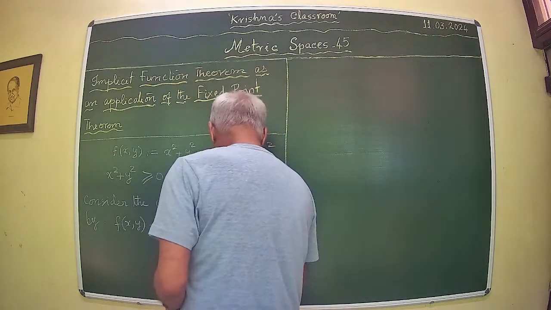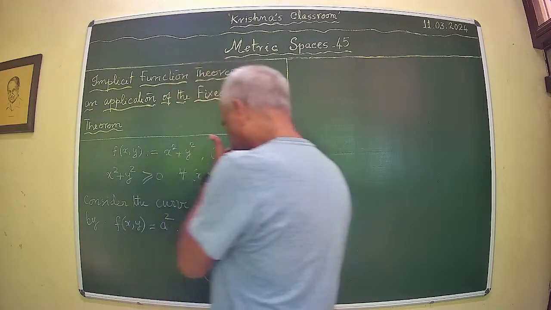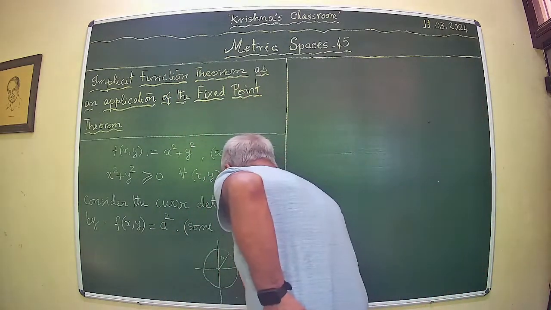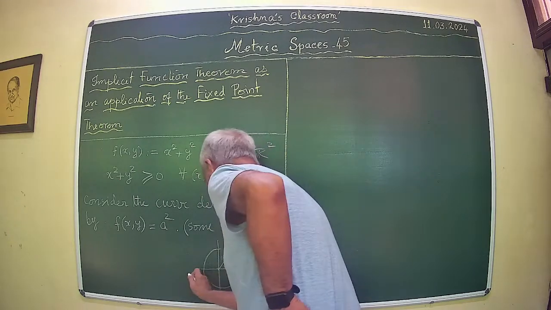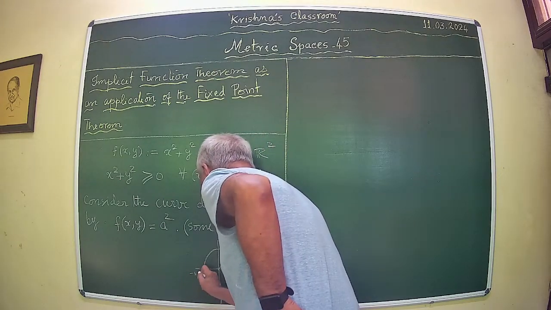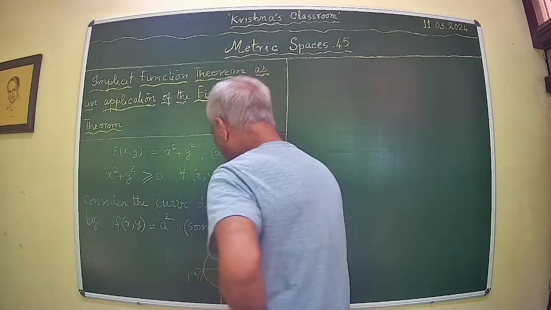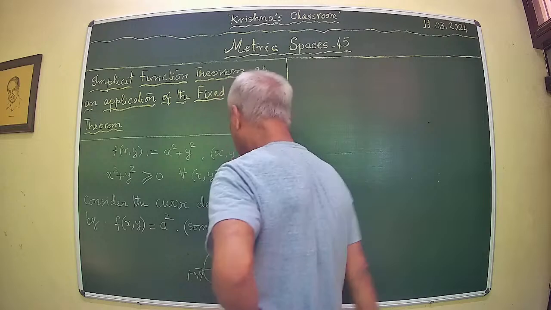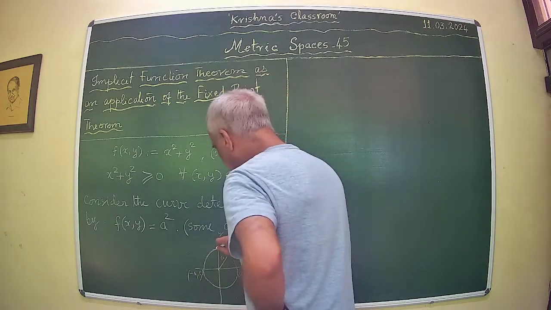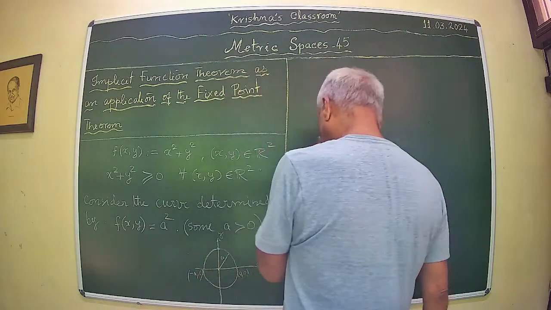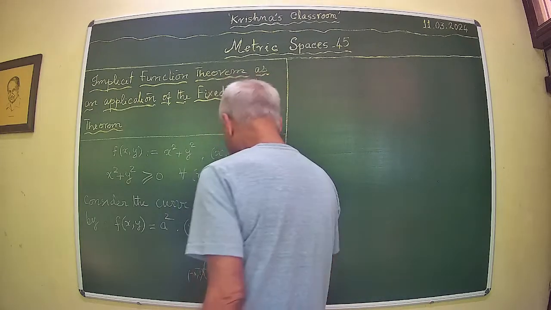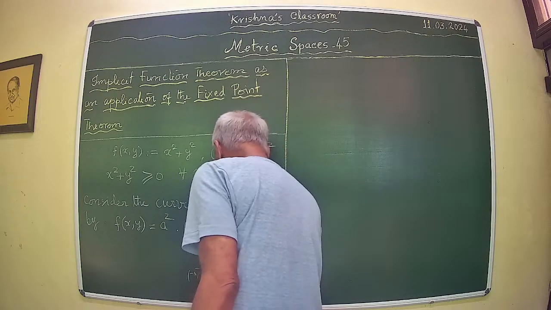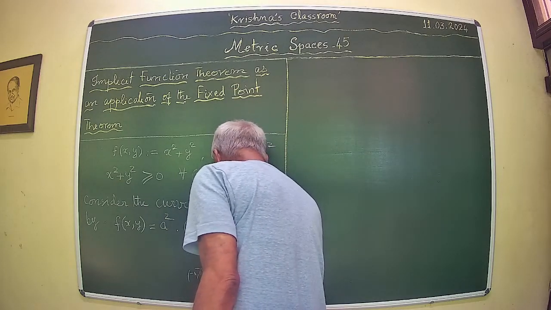And of course, on the x-axis it intersects at (a, 0) and (minus a, 0), and on the y-axis it intersects at the points (0, a) and (0, minus a).